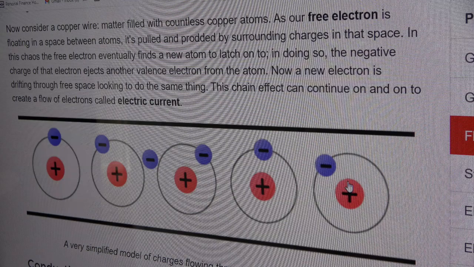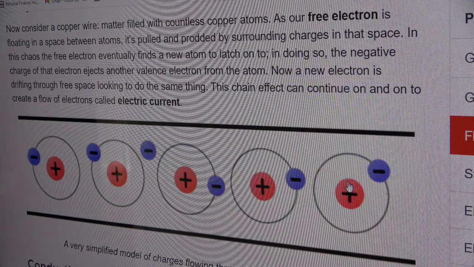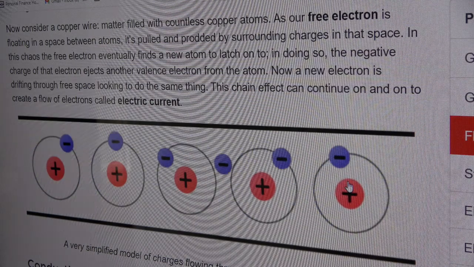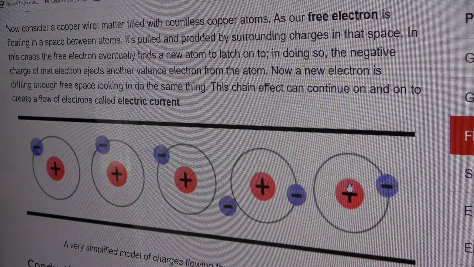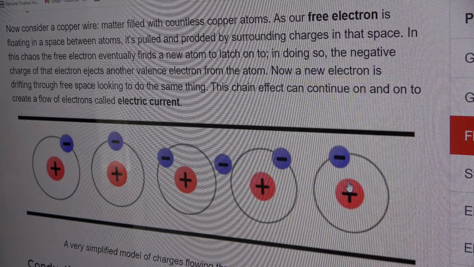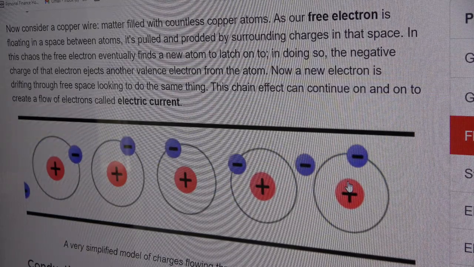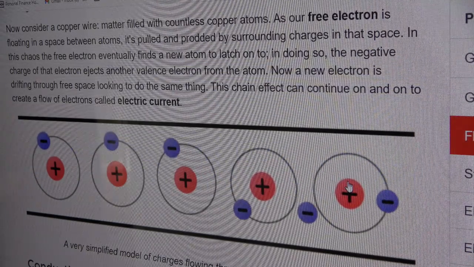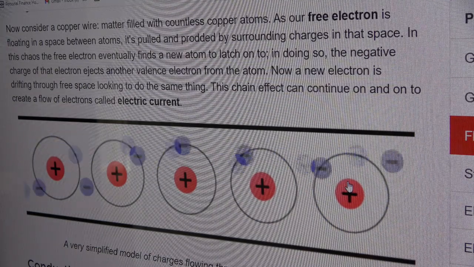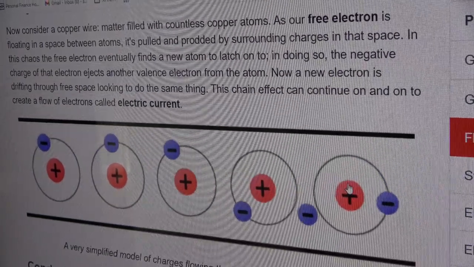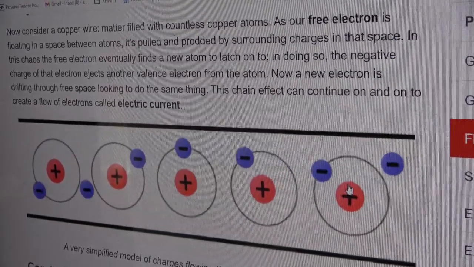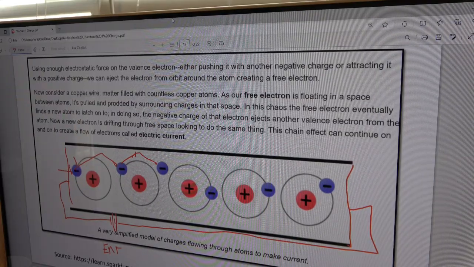And you're seeing the general flow from left to right, caused by an electromotive force or voltage applied to a conductor. All right.